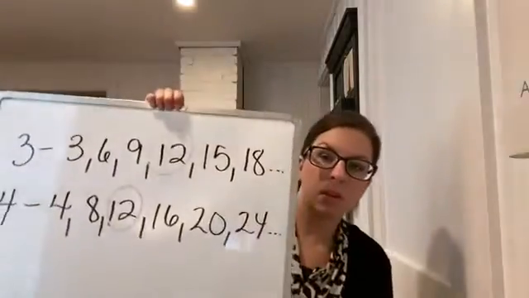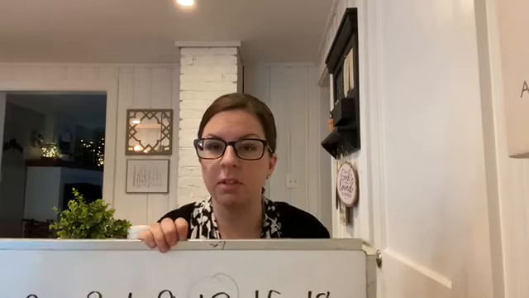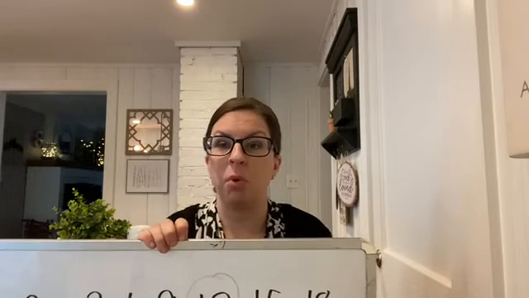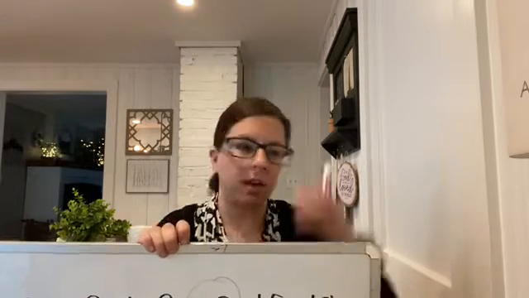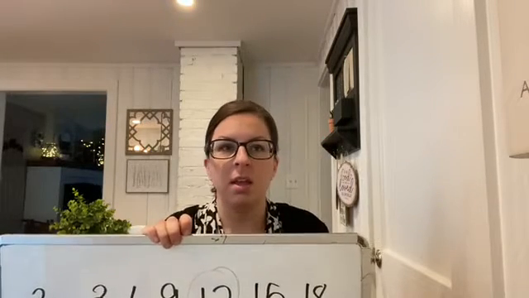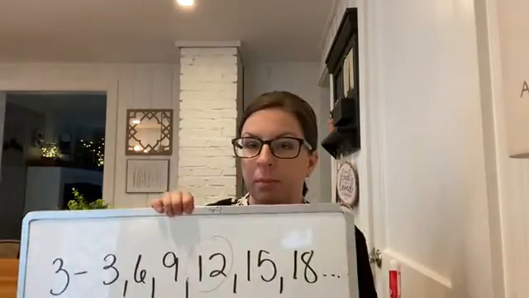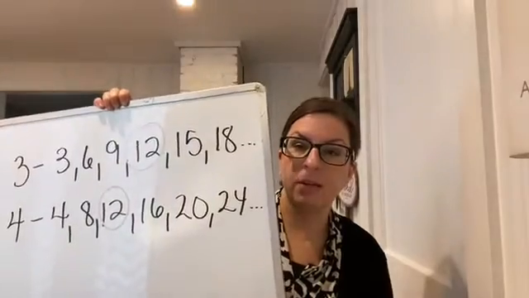When I list the multiples out, I see that 12 is the least common multiple of 3 and 4. Now, are they going to have other common multiples? Yes, like they'll both have 24. They'll both have 32. No, they won't. Sorry, 36. But 12 is their least common multiple.